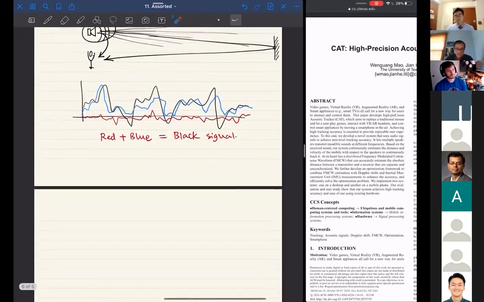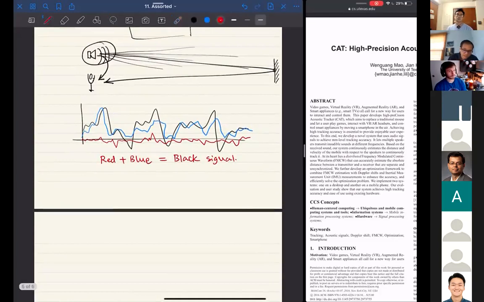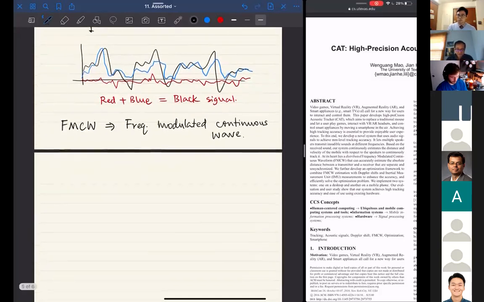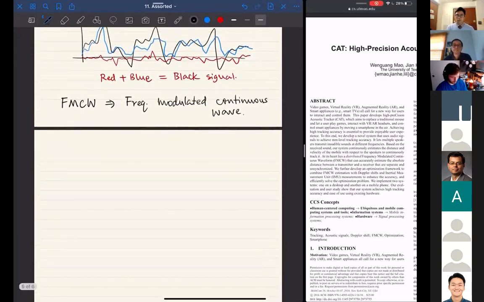So there is a technique called FMCW, which is frequency modulated continuous wave. So what they do is an interesting idea.